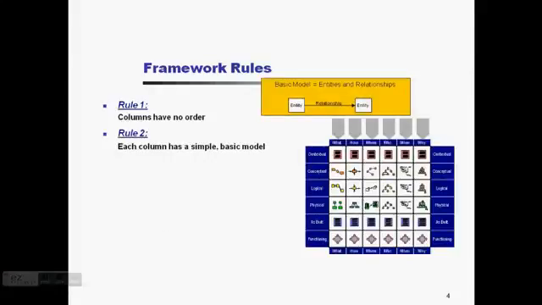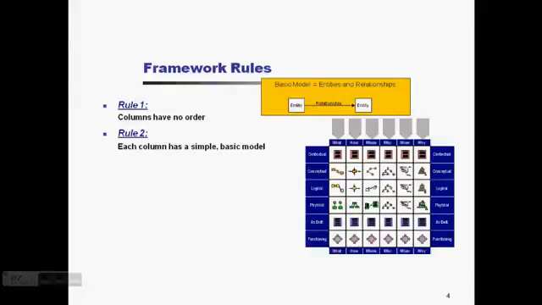Rule 2 is that each column has a simple basic model. What does that mean? Each column represents an abstraction from the real world for convenience of description. This model includes things like data, function, network, people, time, and motivation, which is what, how, where, who, when, and why.